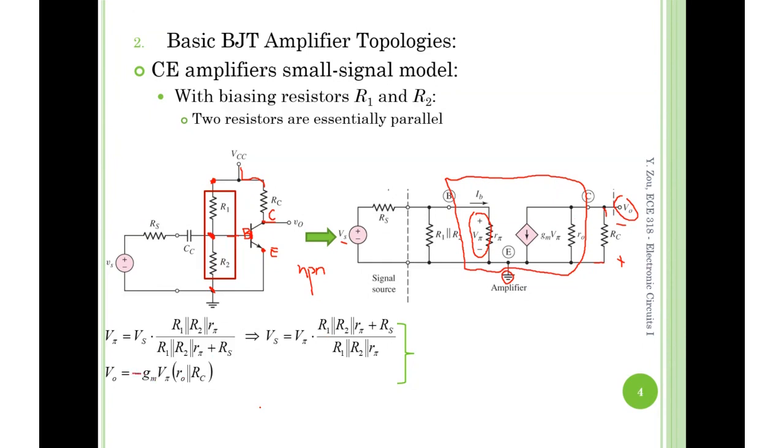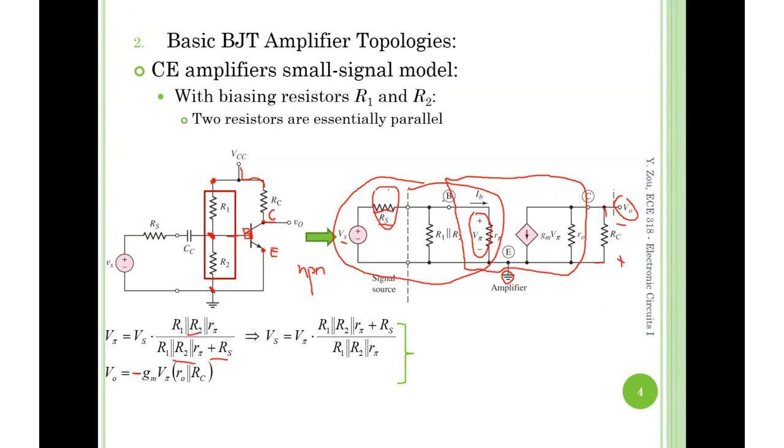Ohm's law. And on the input side, this is an independent single loop if you consider R1, R2, and R pi in parallel. So you can do a voltage divider here, very straightforward: the 3 in parallel divided by the 3 in parallel plus the series resistance RS.